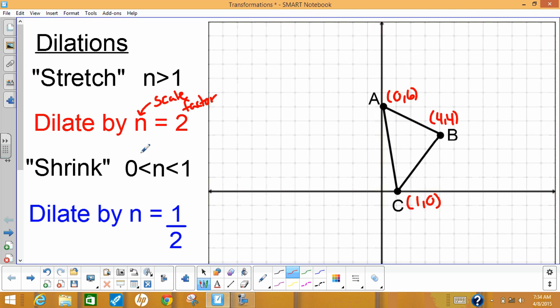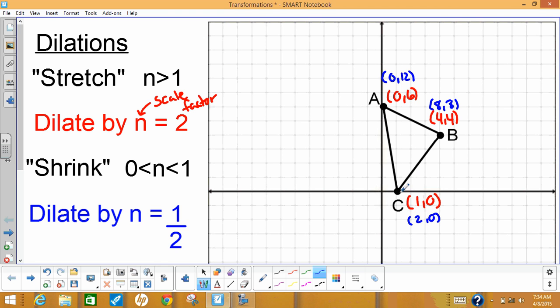So what it means to dilate by a scale factor of 2 is just to take all the x's and all the y's and multiply them by 2. So if we did that, we'd get 0, 12, 8, 8, and 2, 0. So these coordinates in blue will be the coordinates for our new triangle after dilating.